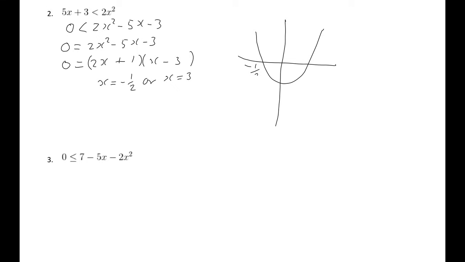Okay, then I'm going to get x equals minus a half or x equals 3. Okay, remember, those are our critical values. We haven't finished yet. So we're now going to draw this. This is minus a half. This is 3.